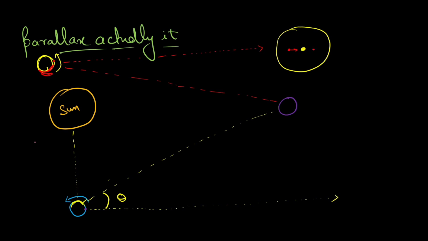Let's say this is the middle of the summer and this is the middle of winter, two points of time 6 months apart. Then if we look at this star in the summer, it's going to be over here, and if we look at the star in the winter, it is going to be here.